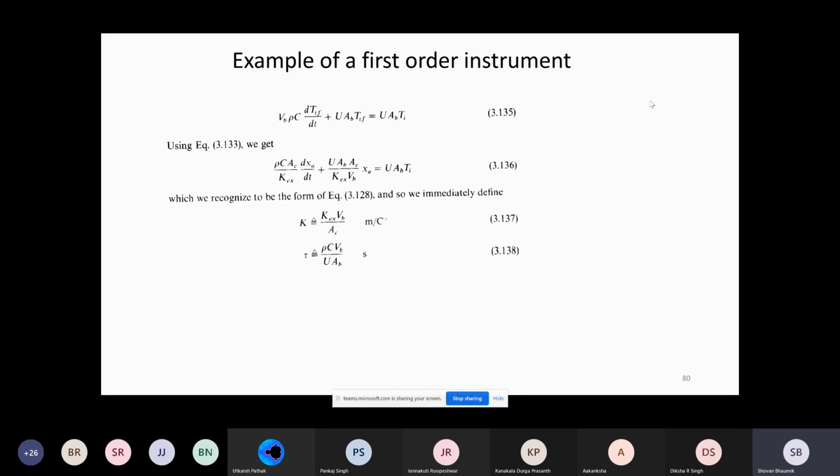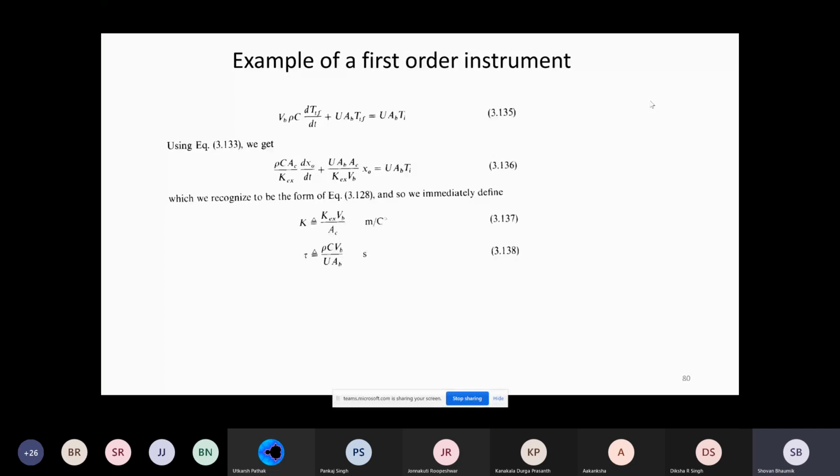If you divide by U AB AC KEX, or rather by KEX VB, there will again be a K, which will be KEX VB by AC, because the other things cancel out. Then there will be a tau: rho C will be there, AC will cancel out, AB will come, KEX will cancel out, and U will come in the denominator.